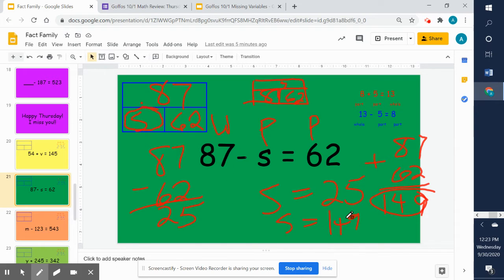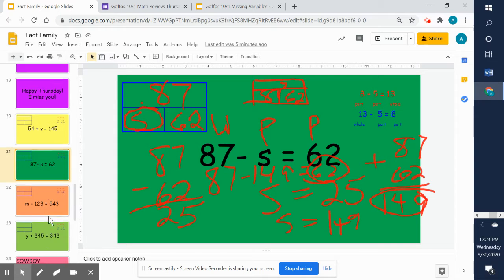If I plug 149 where that S is, it'd be 87 minus 149 equals 62. Just looking at that does not make sense. You're subtracting a 3-digit number from a 2-digit number and you're only getting 62. That would be a negative number in this case. So really just looking back at your problem and asking, does that make sense? will save you from making mistakes.